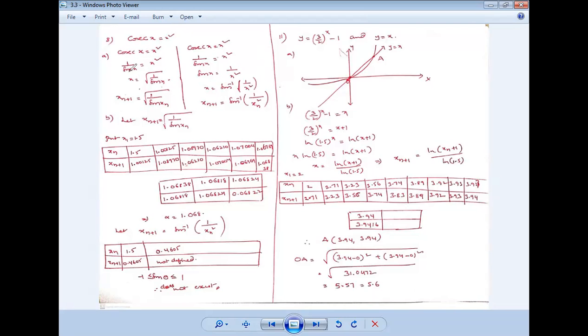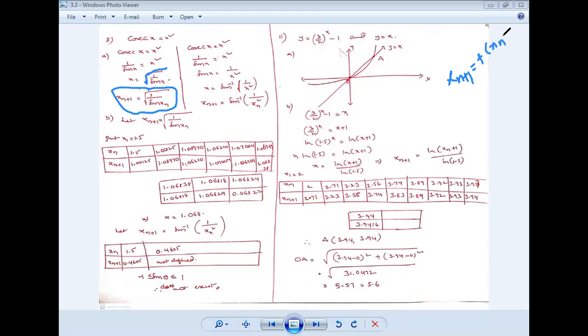Cos x can be written as 1 by sin x equals x square. So x equals root of 1 by sin x, which we can convert like this: x n plus 1 equals root of 1 by sin of x n. That is what we have to write in the iteration process, x n plus 1 equals f of x n.